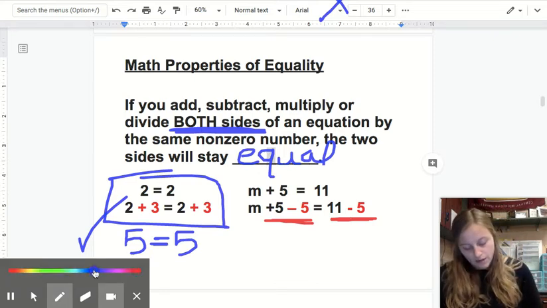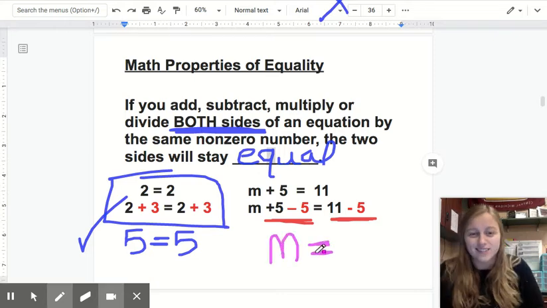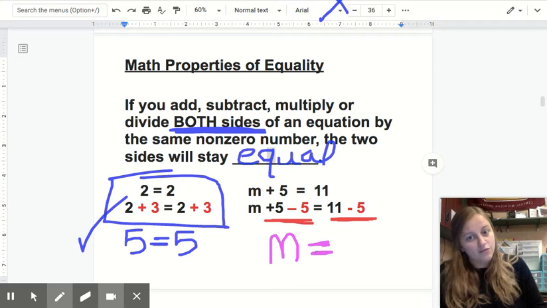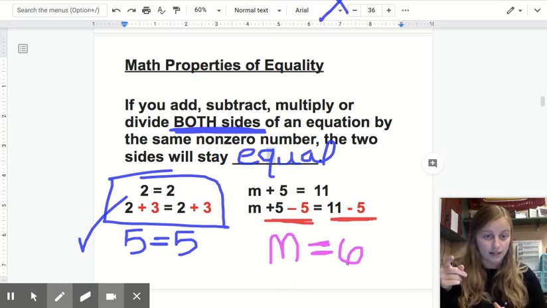So really, this equation is left with m on the left, because these guys canceled out. 11 minus 5 equals 6. So that's how we really can solve equations, and we'll look at a lot more examples. But to sum up this slide, whatever you do to one side of an equation, you have to do to the other.